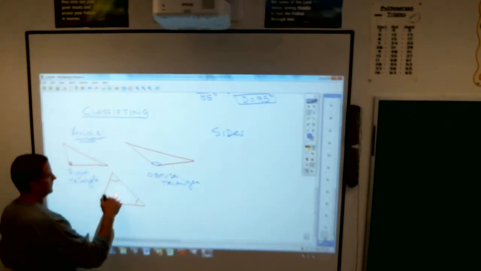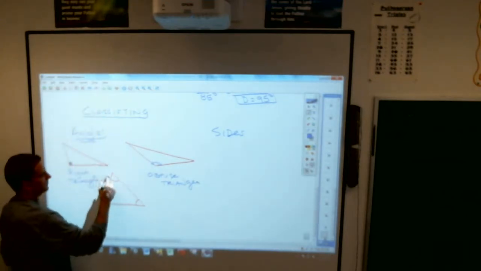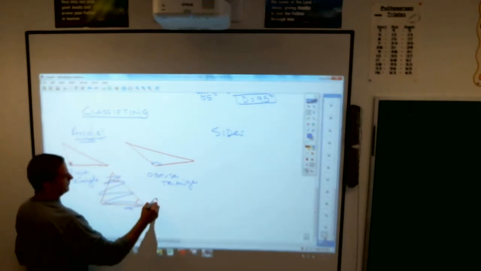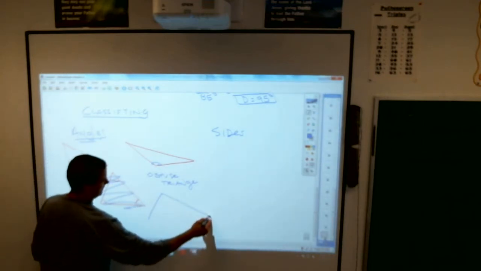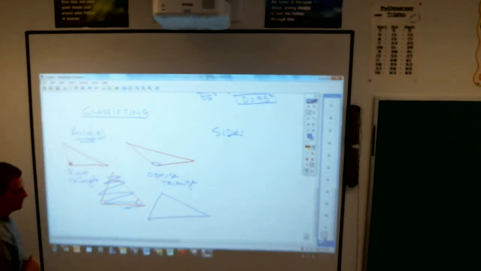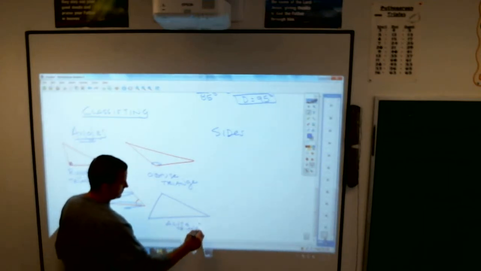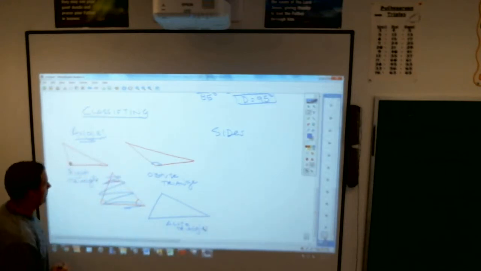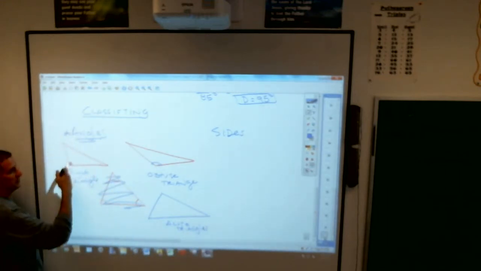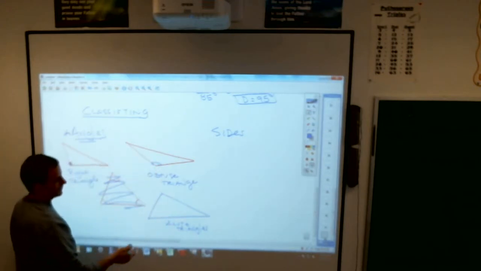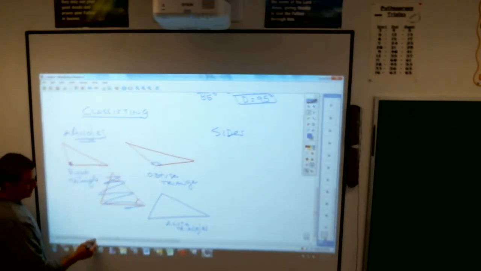They don't have to be all equal. Cancel that, that's where I was going wrong. If all of the angles in it are less than 90 degrees, it is called a Jacob? Acute triangle. Yeah, acute triangle. I was getting my things mixed up there. So by its angles, it can either be a right triangle, obtuse triangle, or an acute triangle. Those are your only 3 options.